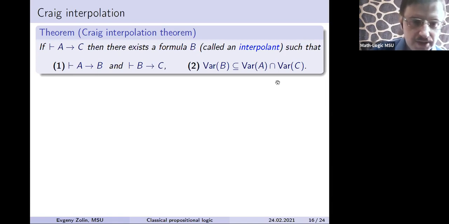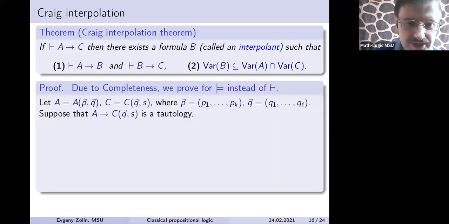For classical propositional logic, this theorem is quite simple. In fact, Craig proved this theorem for classical predicate logic, where you have quantifiers, you have predicates of different arities, functional symbols, constants, and so on. But here it is very simple.